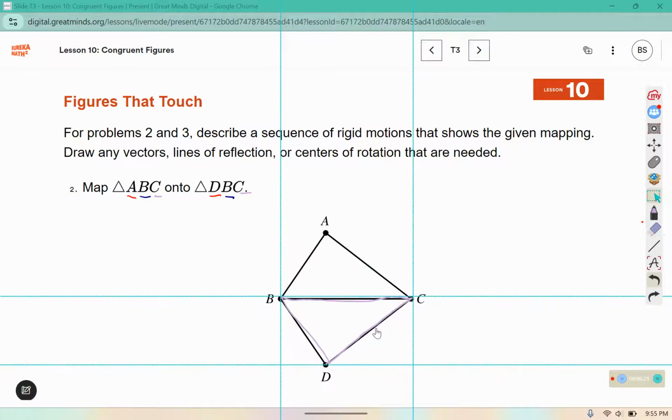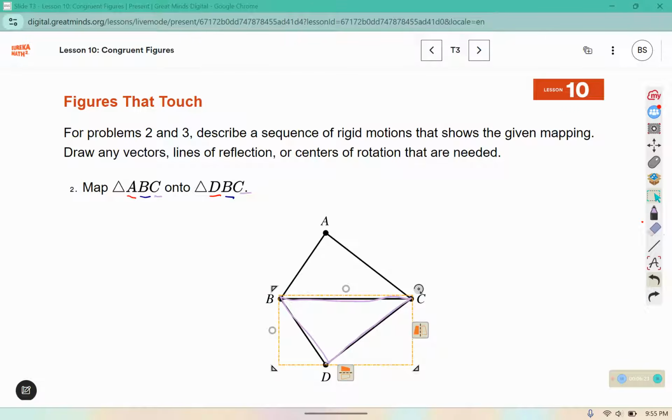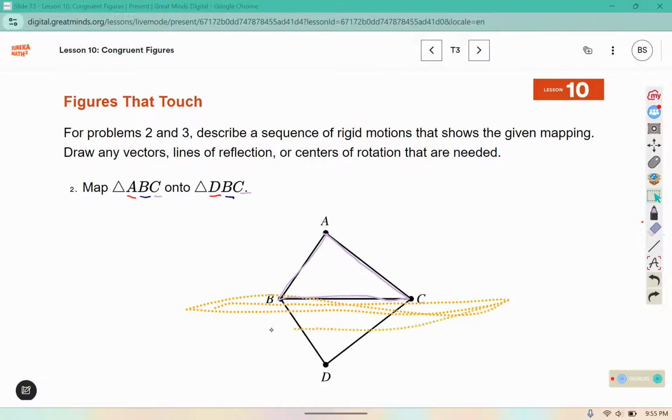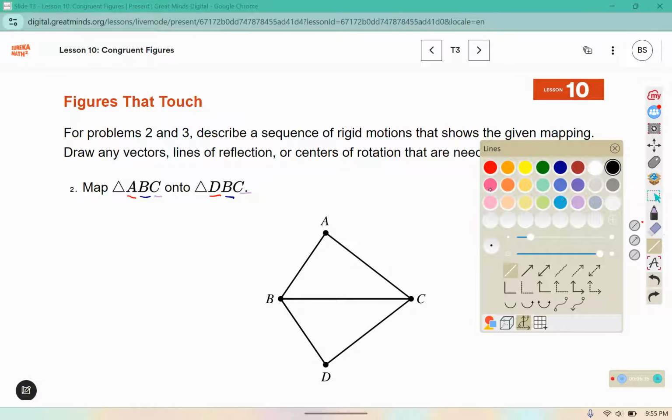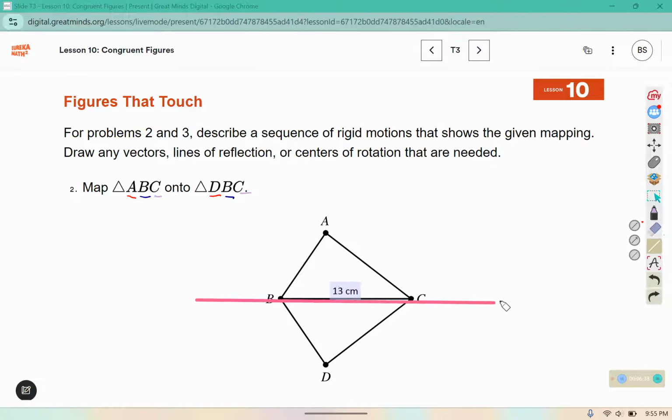And if I reflect it, I could end up down here. Now, where is that line of reflection occurring? It appears that they need to reflect over this line in the middle. So we can draw in that line, and it goes through BC, and we can label that line, line L.